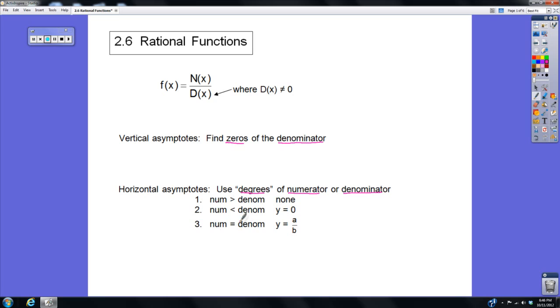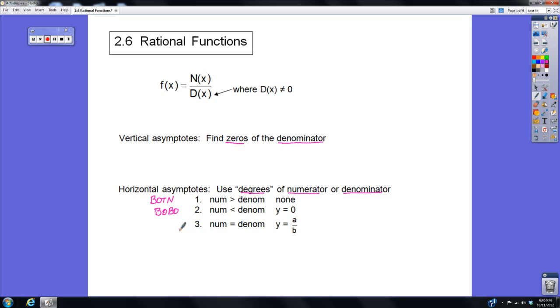So let me just give you some ways to remember that. Back in Algebra 2, some of us gave you little hints to help remember this. B-O-T-N and B-O-B-O. Botan and Bobo.